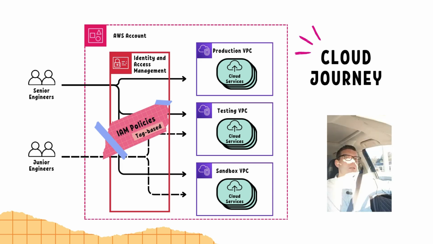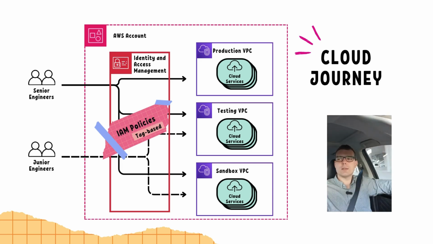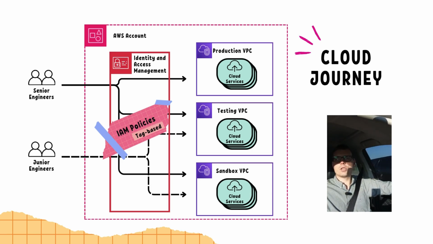And this worked, but quite soon some severe problems happened because for certain production databases and instances, the tag was set incorrectly. And this resulted in a situation where one of the junior developers stopped a production DB.